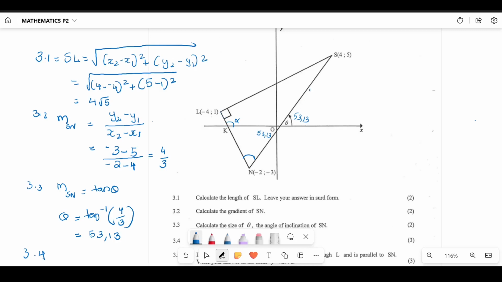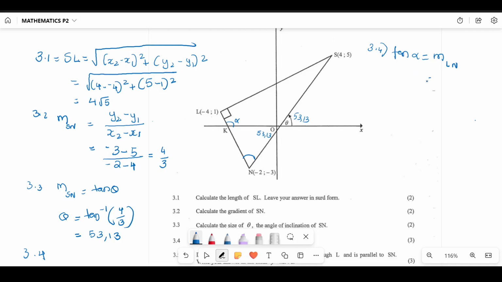So in 3.4, let me write 3.4 here. For 3.4, we are going to use the formula tan alpha equal to the gradient of LN. But we don't have the gradient of LN here.